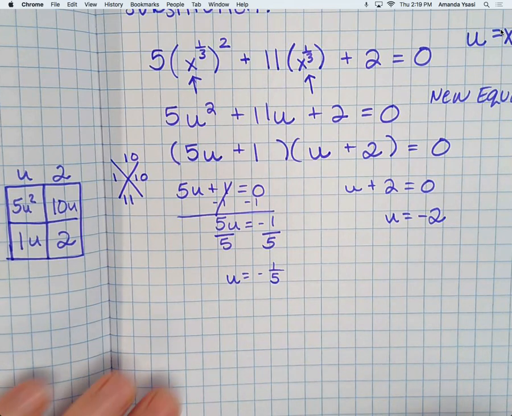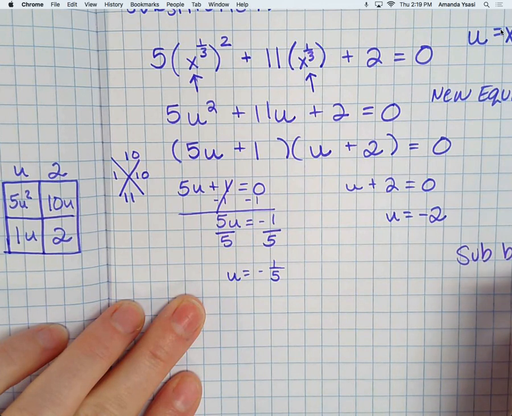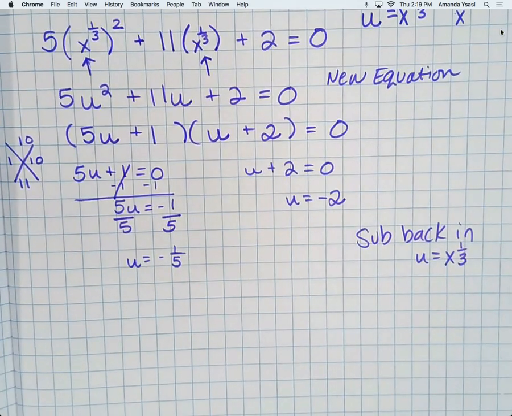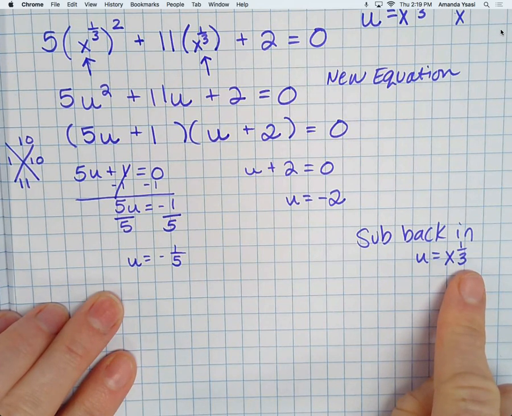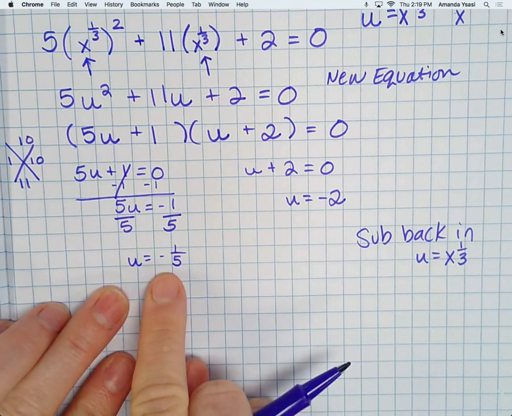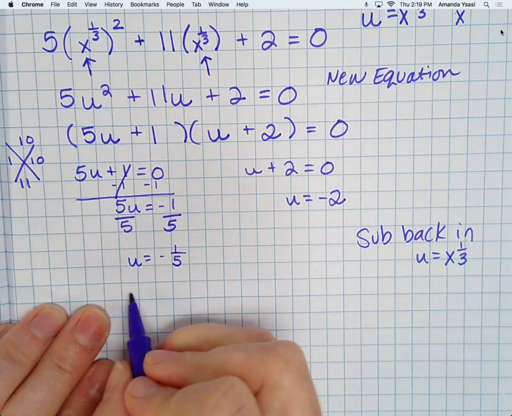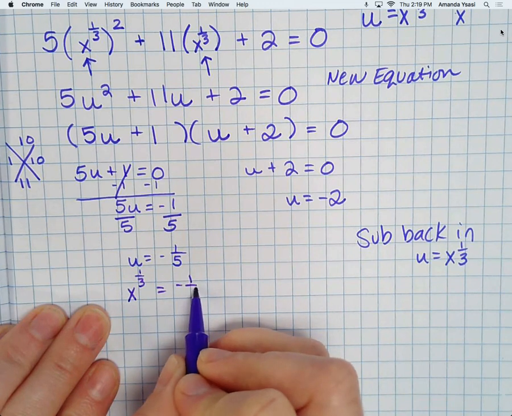Okay, so then we need to sub back in the u equals x to the 1/3. So instead of writing u equals -1/5, it's x to the 1/3 equals -1/5.